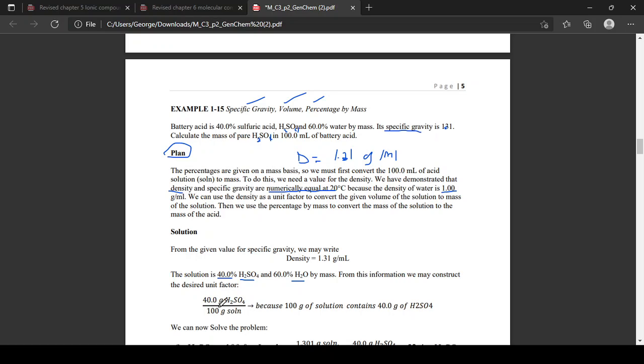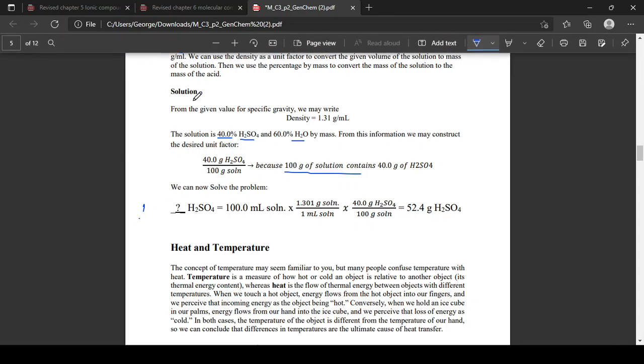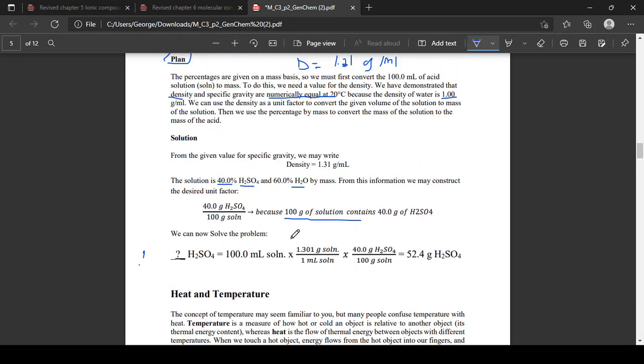Over 100, it always has a constant, basta percentage kids, of 100. Because 100 grams of your solution contains 40 grams of your H2SO4. We can now solve the problem in this formula. Because we have your density and we have your percentage.